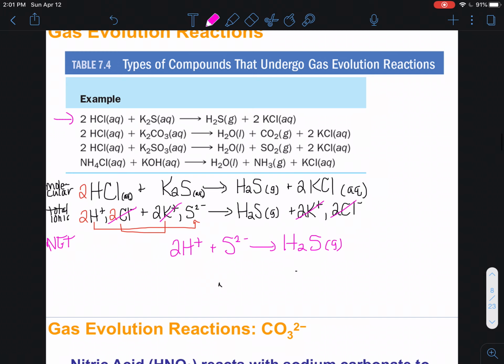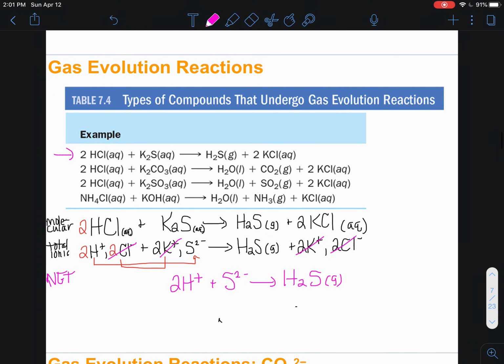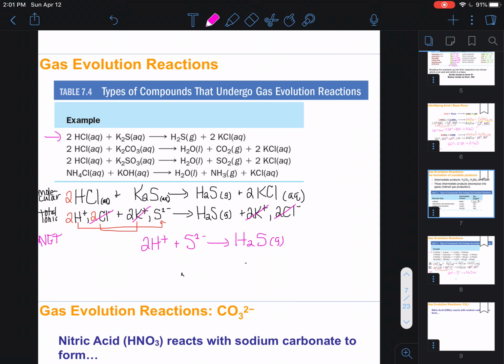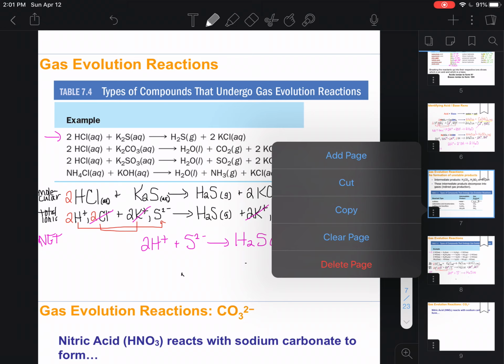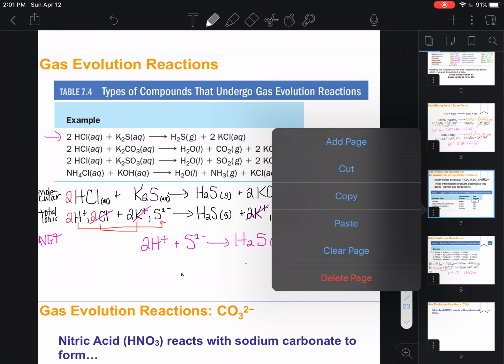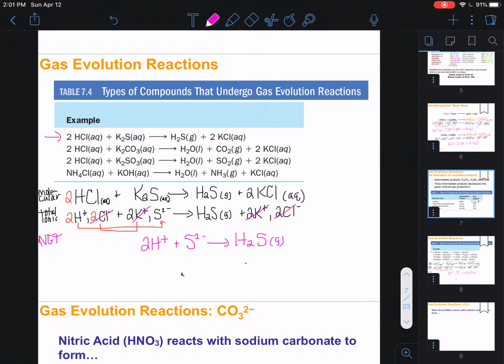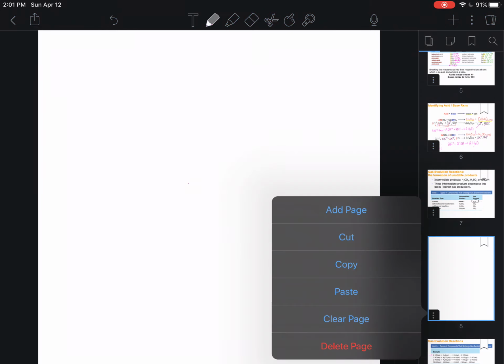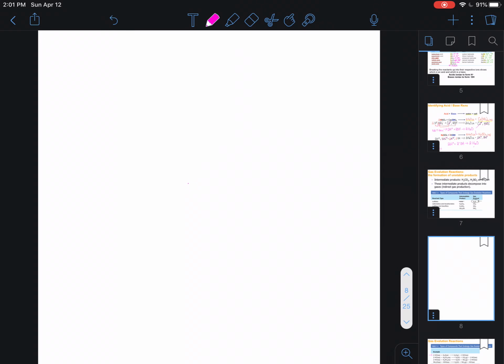All right, and we will do one more. Let me see if I can duplicate this. Add page. See if I can do that. Oh, it didn't work.